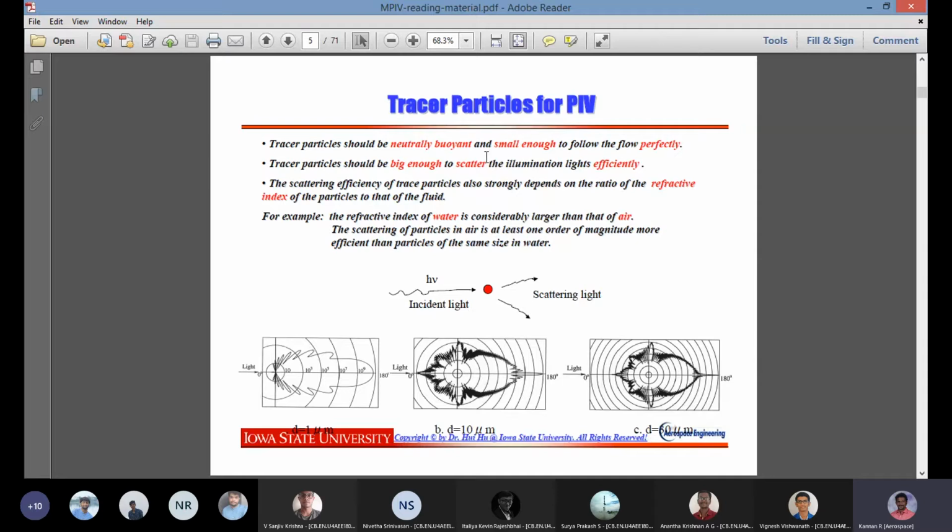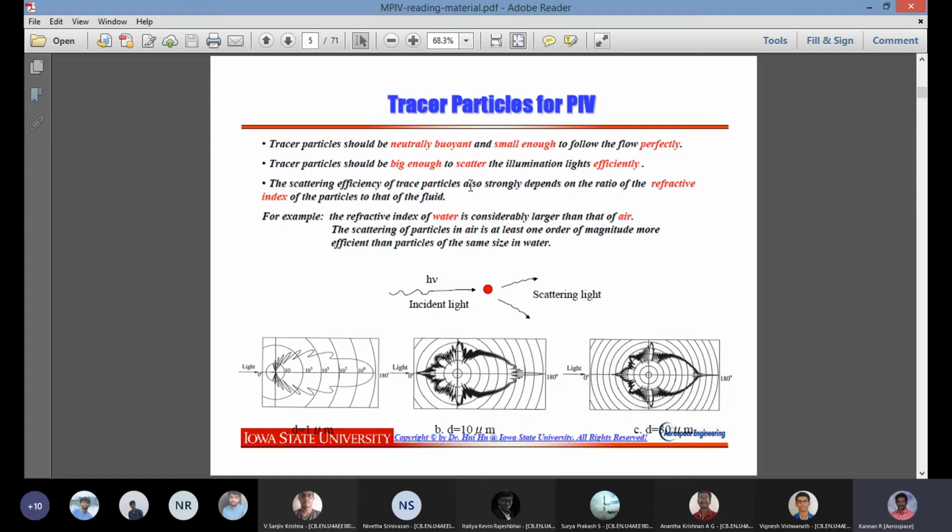Tracer particles should be neutrally buoyant and small enough to follow the flow perfectly. If it is neutrally buoyant, that means it should not have any buoyancy effect, it should not move because of the buoyancy. Tracer particles should also be big enough to scatter the illumination light efficiently, so whatever light is hitting them should be effectively scattered.